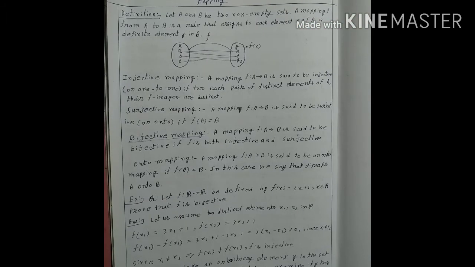Hi everyone, my today's video is based on mapping, which is also called function. First of all, to learn about mapping you have to know the definition. The definition of mapping is: let A and B be two non-empty sets.